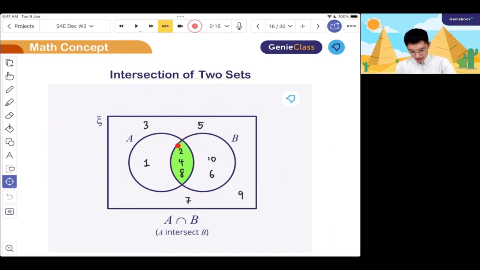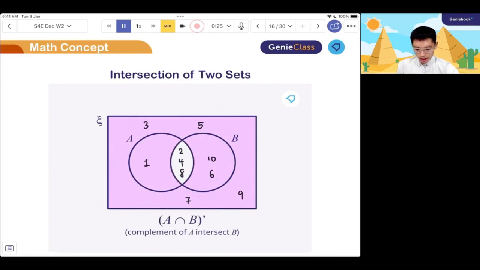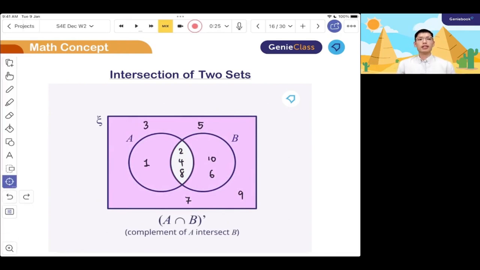In this case, this is a set as well, just that we call them 2, 4, 8. This is the way we classify the set. But there's also another way. We have this as a set, and we also have the complement of this set. That means the opposite of this set, which if you look at the animation, is basically all my elements in pink.